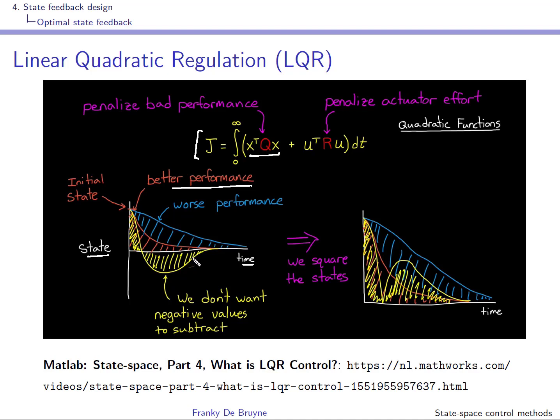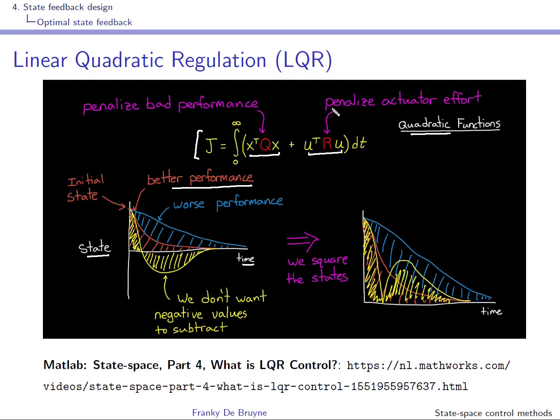What we do not want, of course, is negative values, and this is why we work with quadratic functions, and this is why we have this matrix Q here, which is non-negative definite. Okay, so that this is always positive or 0. This one will even be positive.